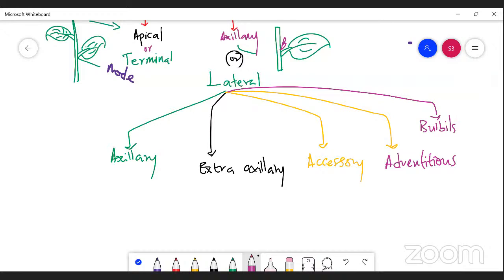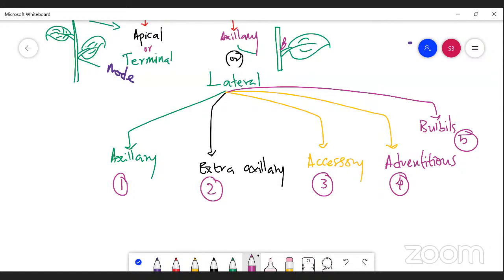So the first category, axillary, and the second category, extra axillary. The third category is accessory buds, and the fourth one, adventitious buds. The next one, bulbils. They are the classification of lateral buds. I repeat it again.